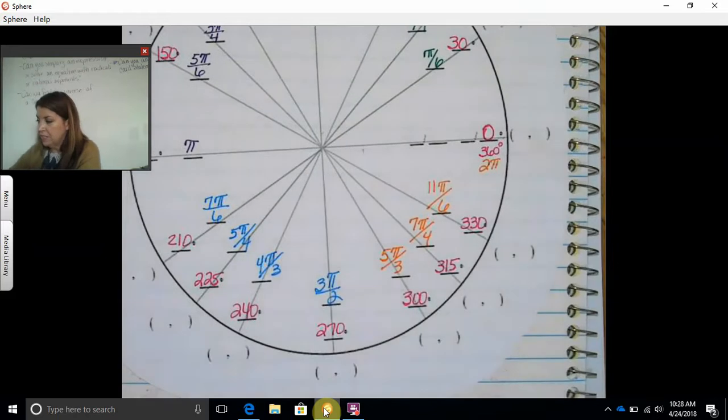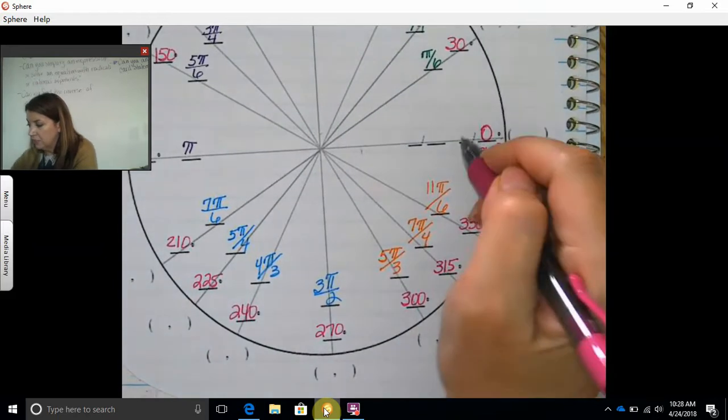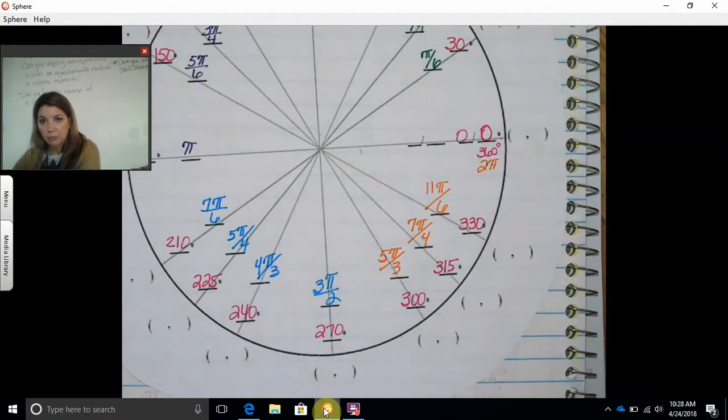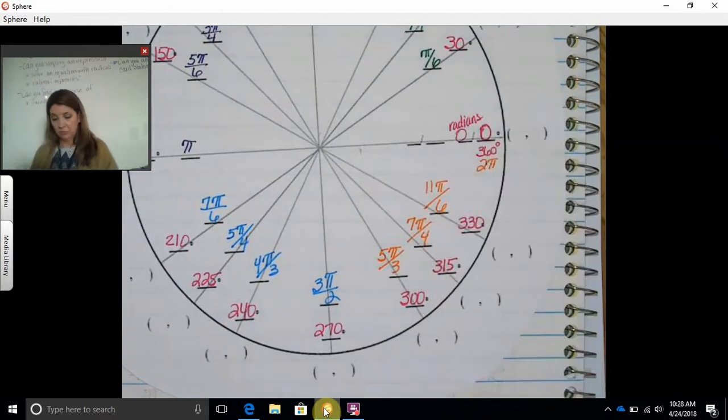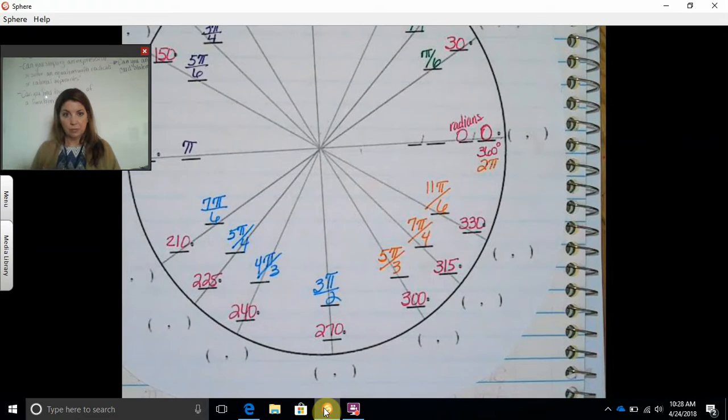And for 0 degrees, the radians is just 0. Coolio. Okay. Now, that wasn't too bad, right? Formula, same time, just got to make sure we reduce.